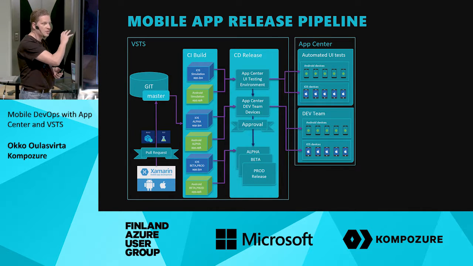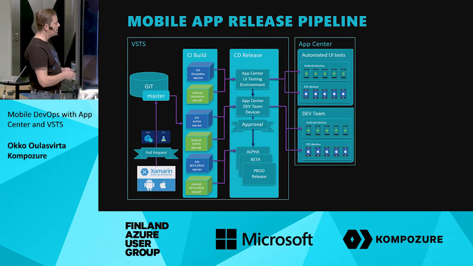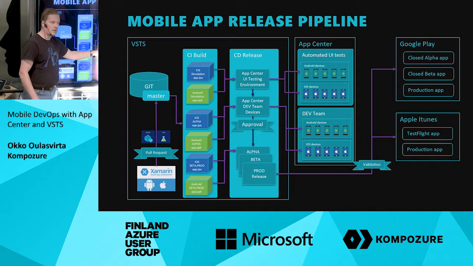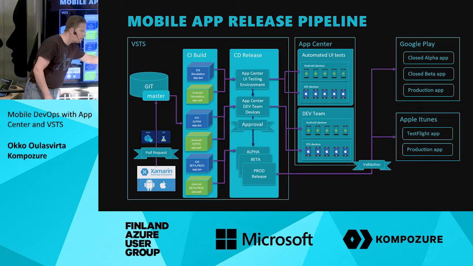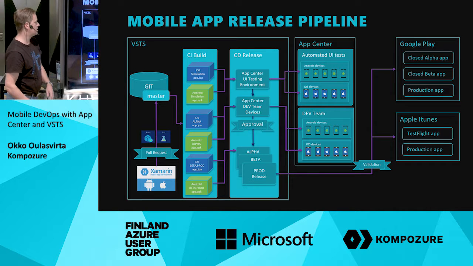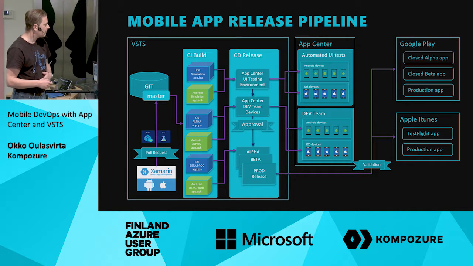And this is evidence for you, hey, we are in good shape for the actual release to the App Store, then we get some release manager or whoever is responsible for approvals to the Google and Apple stores.